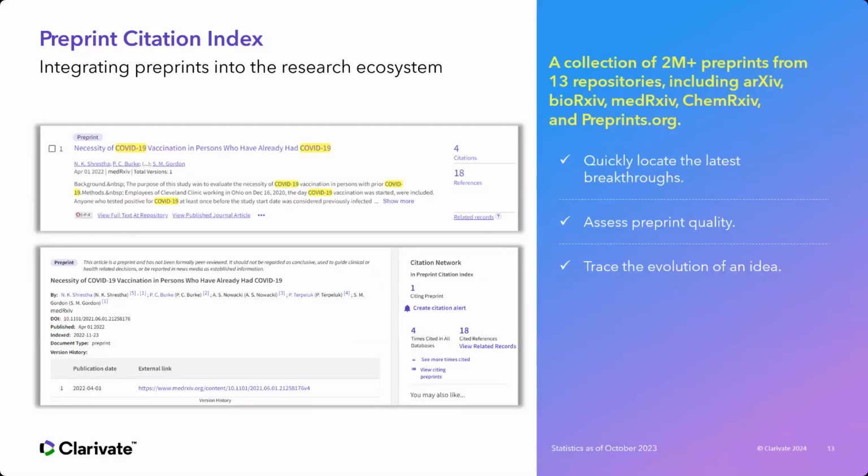And this allows you to explore preprints from various repositories like arXiv, bioRxiv, medRxiv, chemarXiv, and preprints.org, alongside the final published outcomes of these preprints. The preprint citation index can be searchable on its own within the Web of Science platform, or it can be searched together under the all database search in the Web of Science.